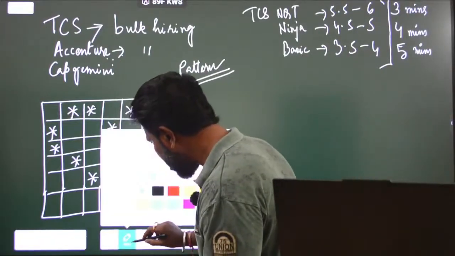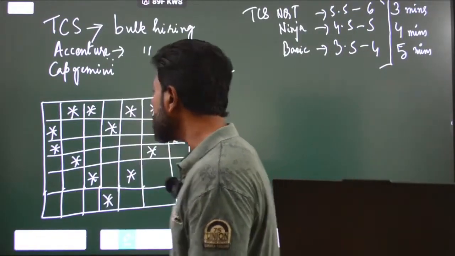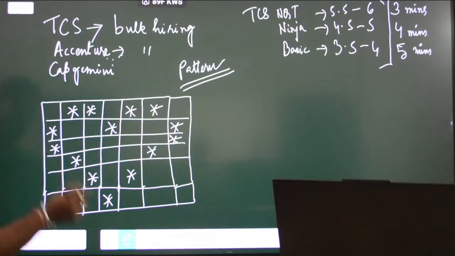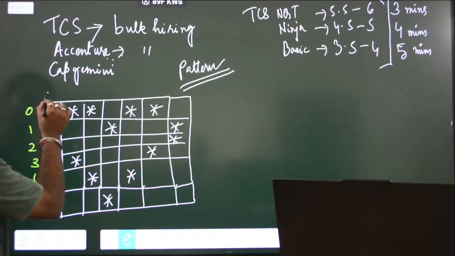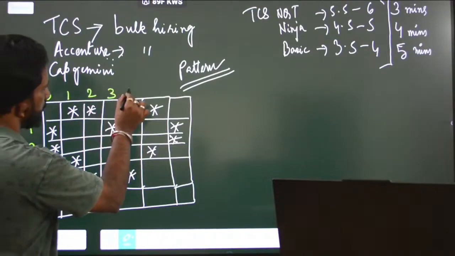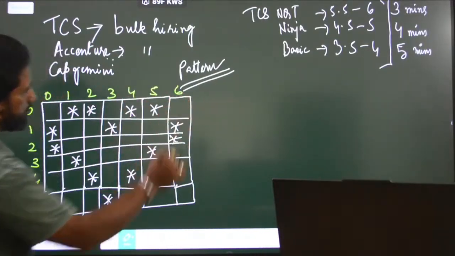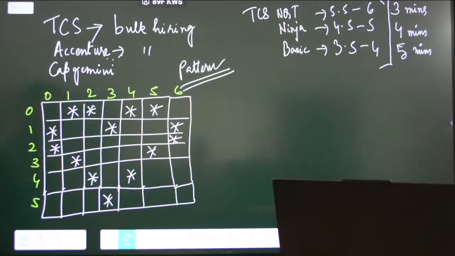Let's talk about the rows and the columns. Here I have 0, 1, 2, 6 rows, 0, 1, 2, 3, 4, 5, 6, 7 columns. Fine.